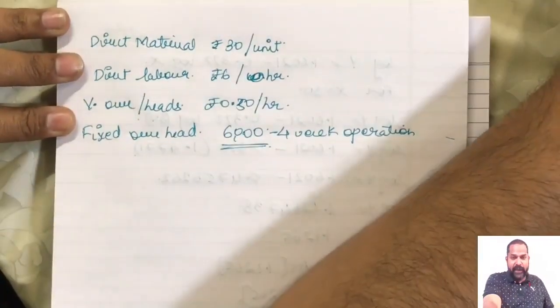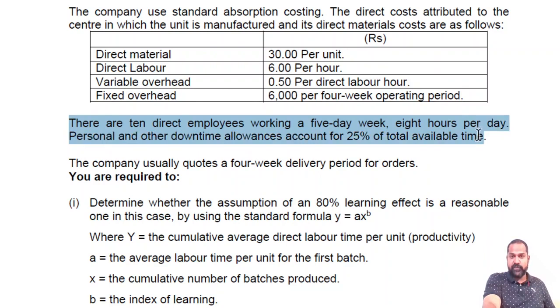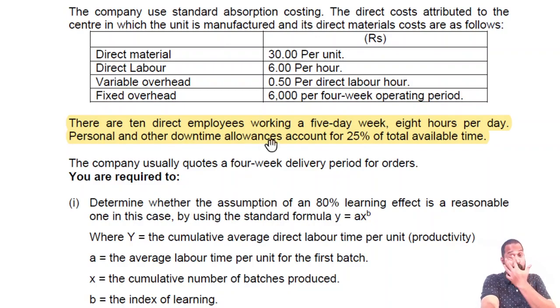That is why, if you come back to the question, they have given you something in detail: there are 10 direct employees working 5-day weeks, 8 hours per day, and personal and other downtime allowance is 25% of the available time.